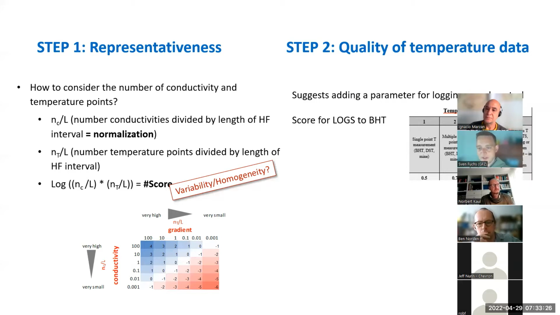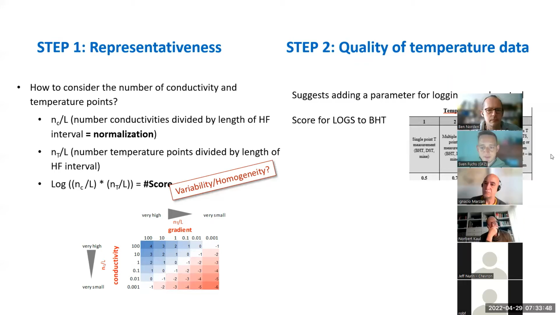Because I agree, if you have a bottom hole or single point measurement a long time after the drilling finished and the perturbations are gone, then technically you derive an accurate measurement of the in situ temperature. So this kind of classification does not consider this point. We can refine this, so we need a proposal for that.